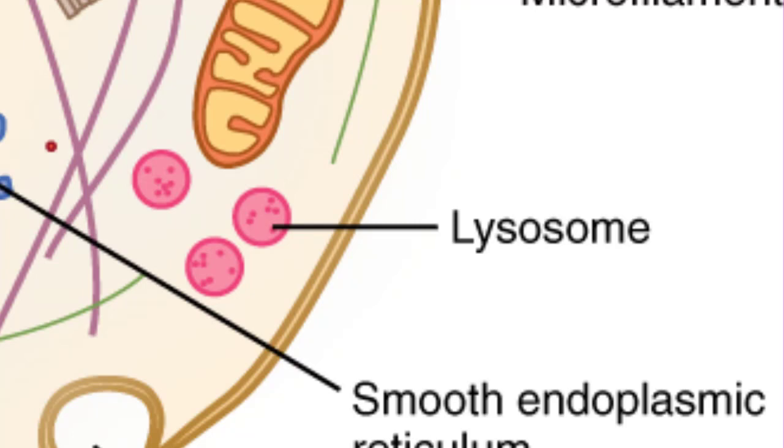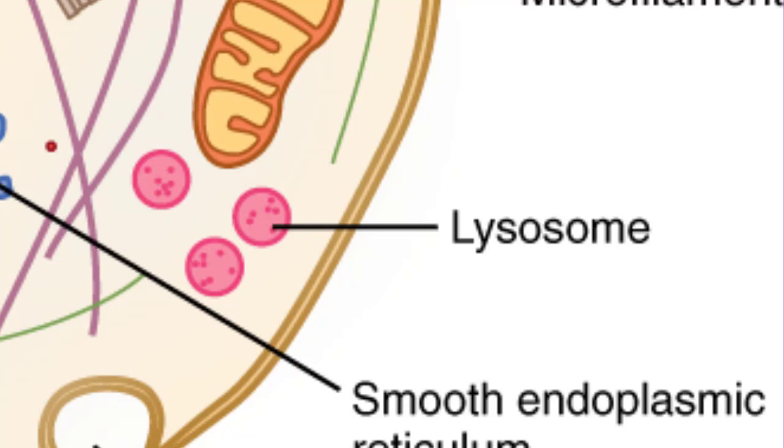Under certain circumstances, lysosomes also perform more grand and dire functions. In the case of damaged or unhealthy cells, lysosomes can be triggered to open up and release their digestive enzymes into the cytoplasm of the cell, killing the cell.